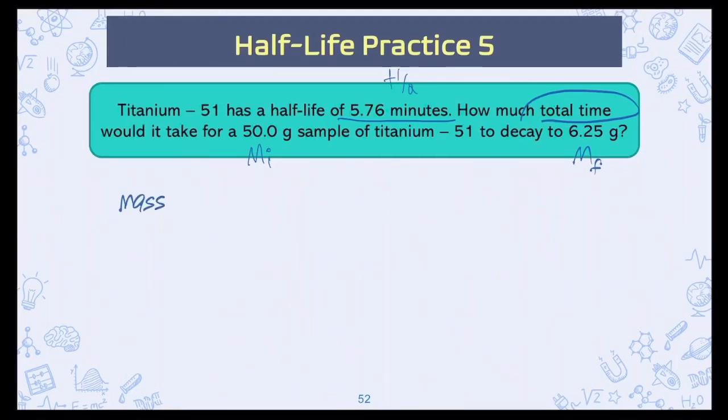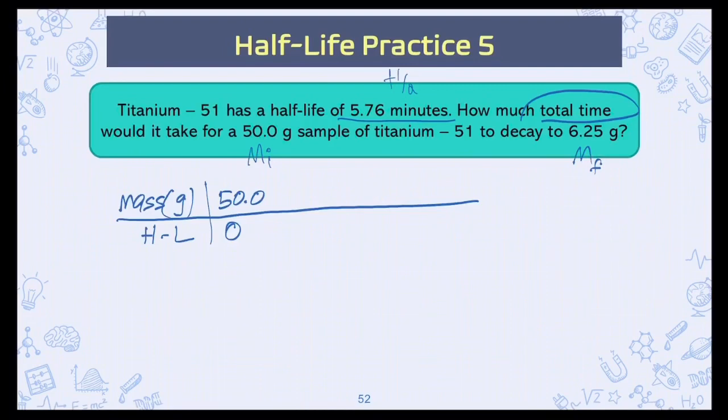So the mass is given to us in units of grams and half-lives at the bottom here. Always start at 0. Make sure you do that. At 0 half-lives, we're starting with the original amount, the initial mass, which is 50 grams. After the first half-life, we have 25 grams that remain.